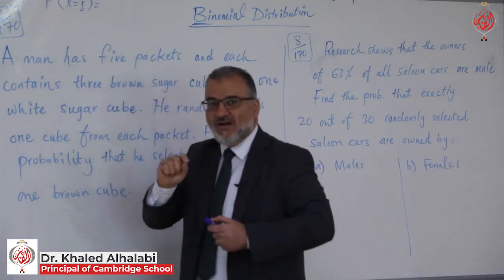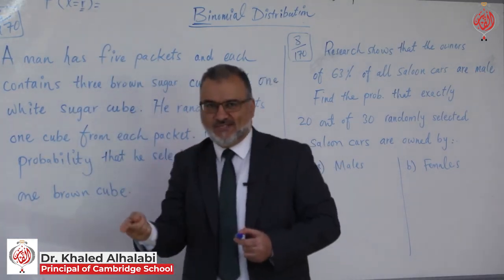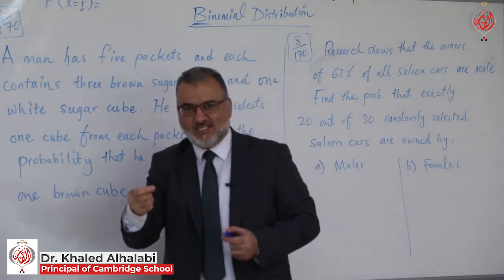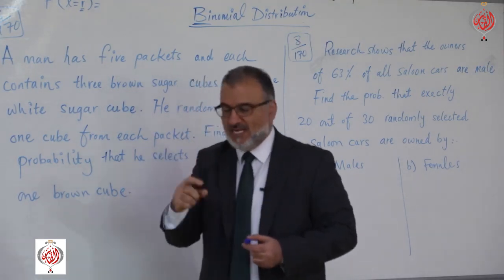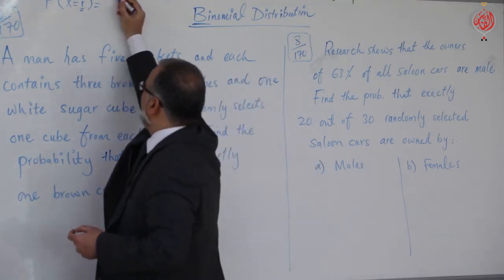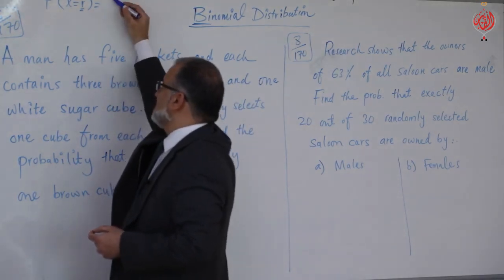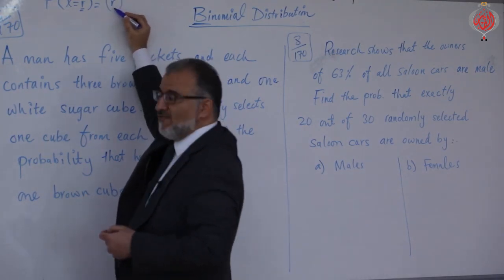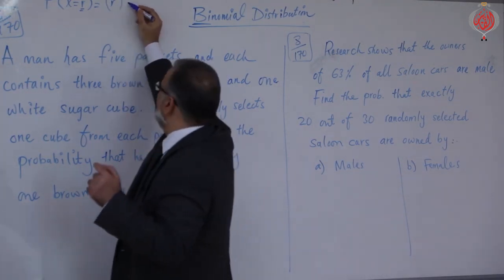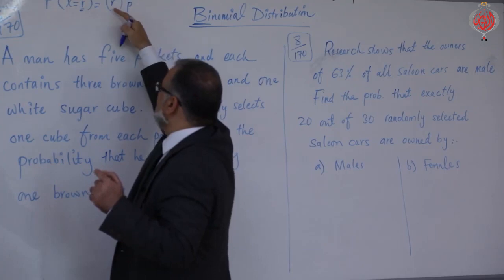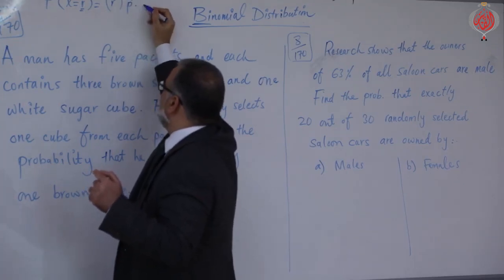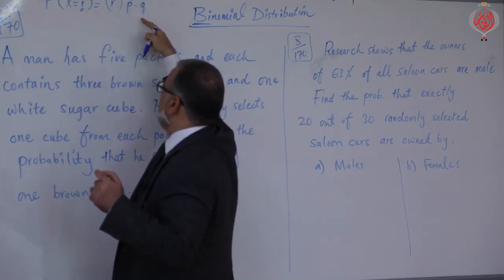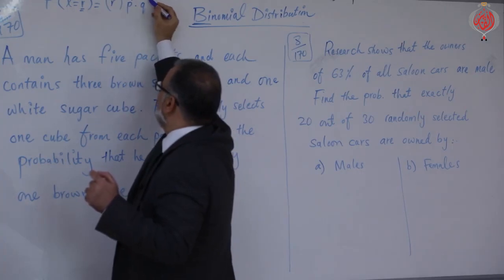It is the number of occurrences of success, how many times the success will appear or will be selected. So it is n, the total number of repeated trials, choose r, the number of occurrences of success, times p, the probability of success, to the power of r, times the probability of failure to the power of n minus r.